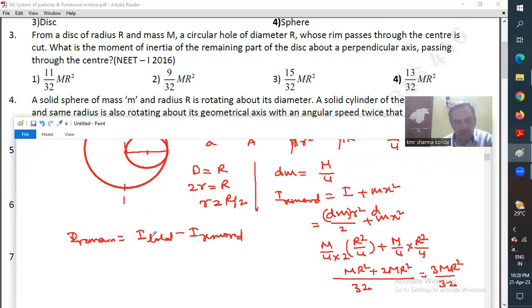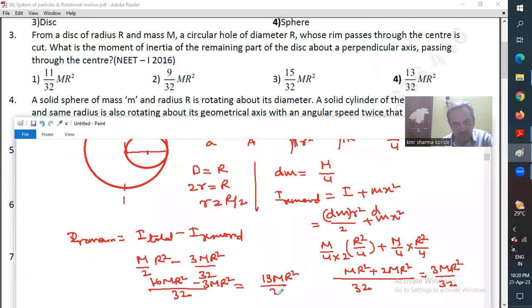So therefore, total is m by 2 R square minus 3 m R square by 32. So the LCM is 32. This is 16 m R square minus 3 m R square. So the answer is 13 m R square by 32. So the fourth option is correct.